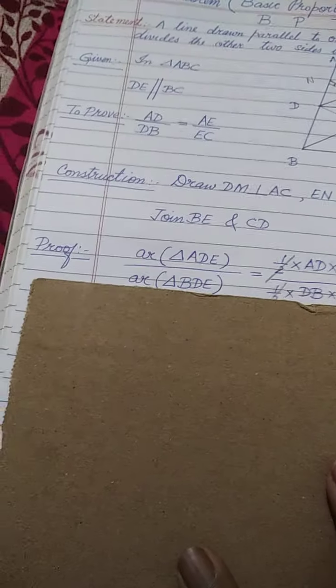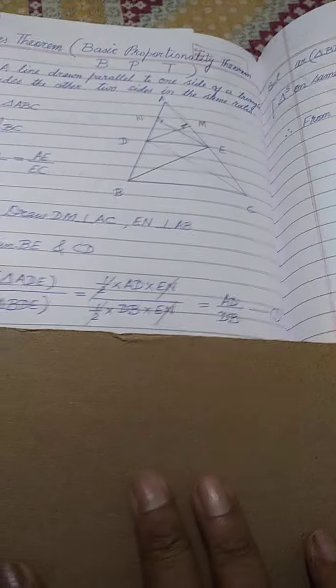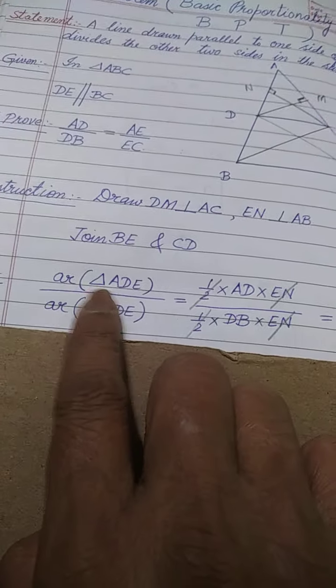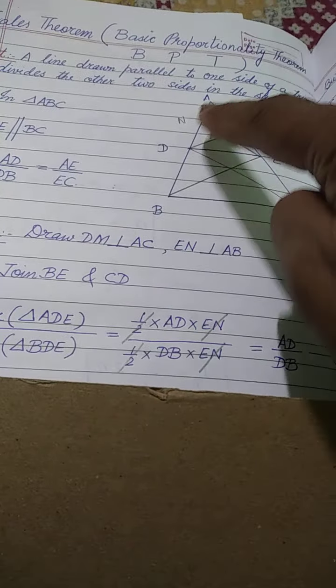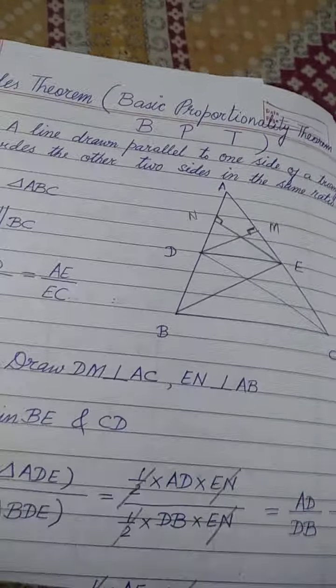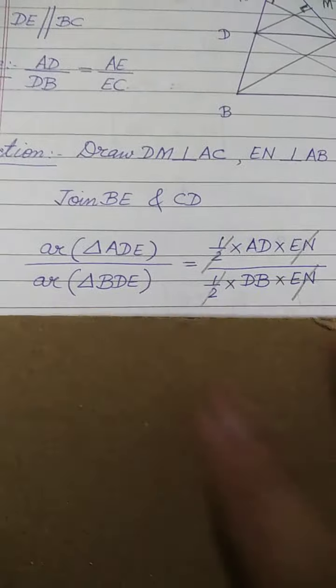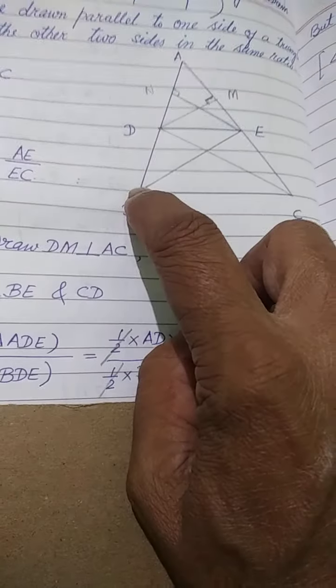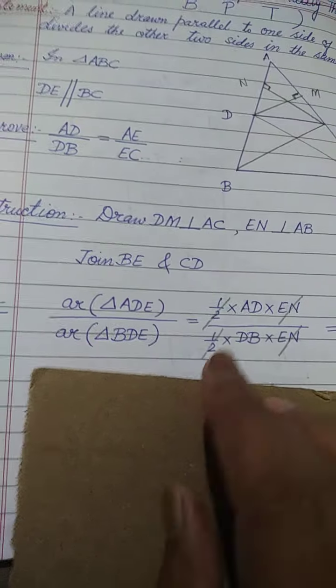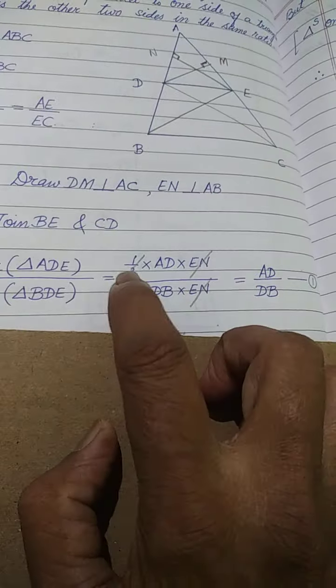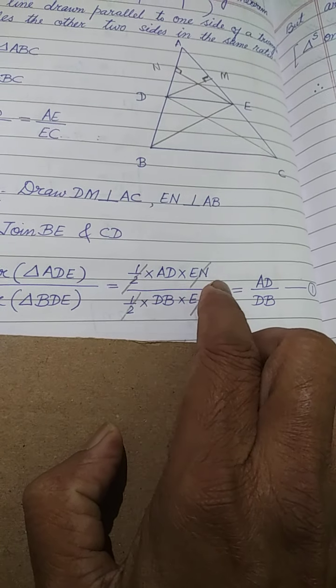The main thing of the theorem is the proof. So first of all we will write area of triangle ADE upon area of triangle BDE is equal to, now area of triangle is equal to 1 upon 2 into base into height.